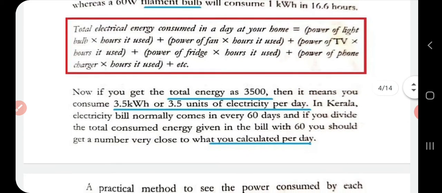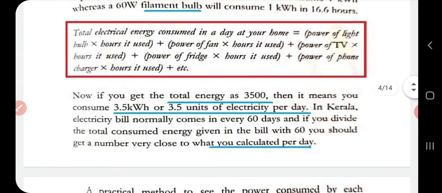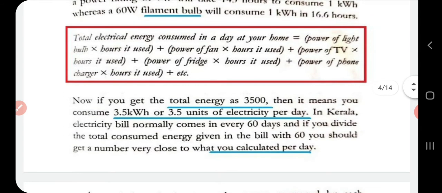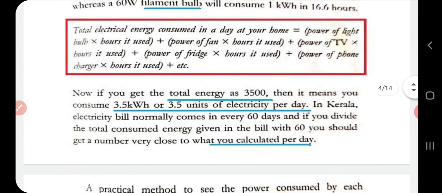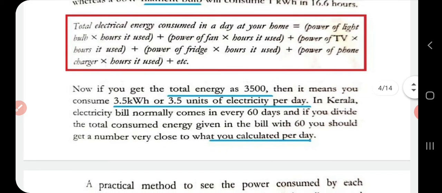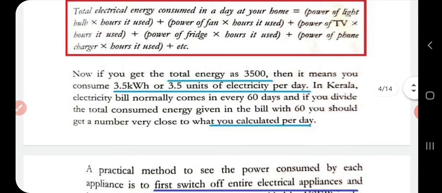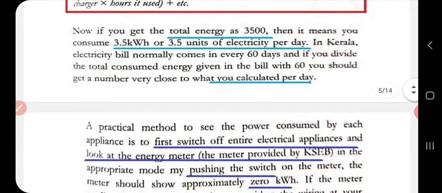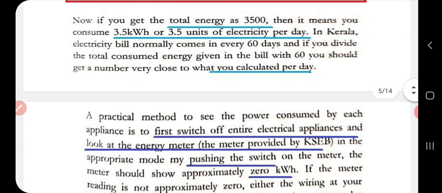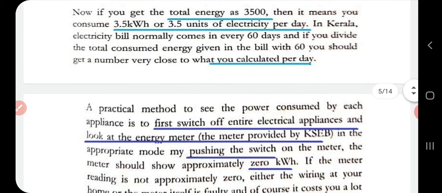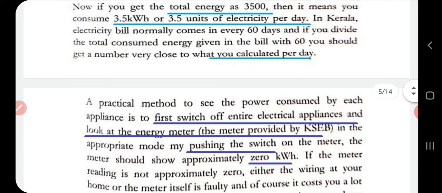That is, you might have various devices, so understand the power that is consumed and multiply it with the hours it is used. Then you add this for each and every equipment and you will get the total energy consumed in a day at your home. Suppose that you get a total energy of 3500 watt hours, that is 3.5 kilowatt hours or 3.5 units of electricity used per day.